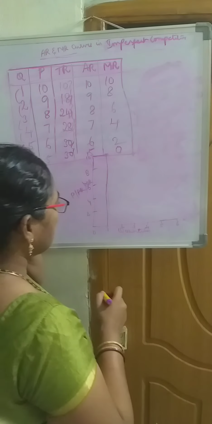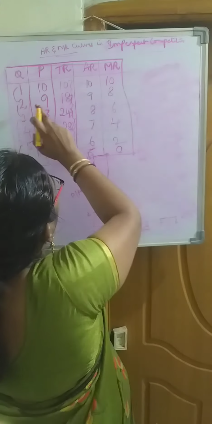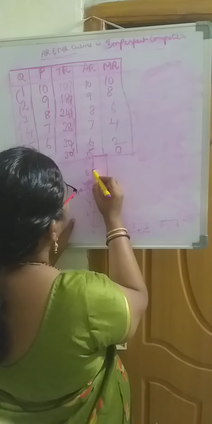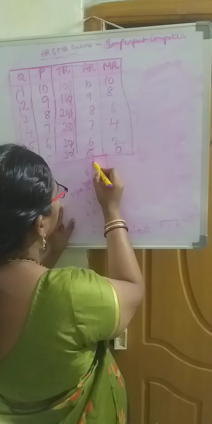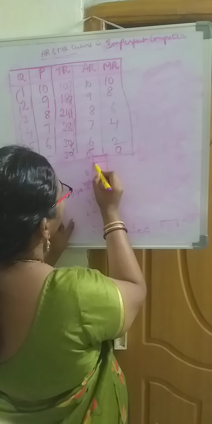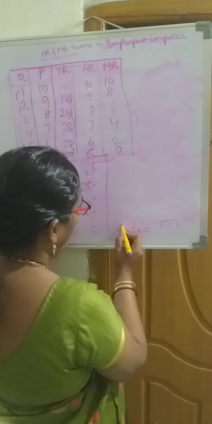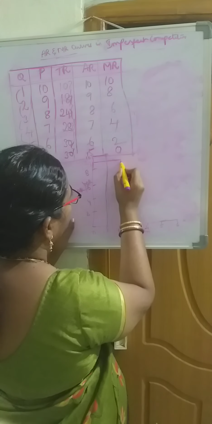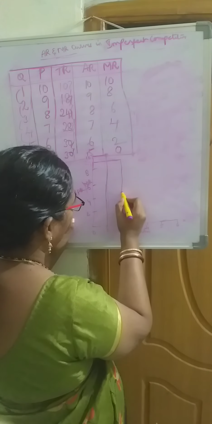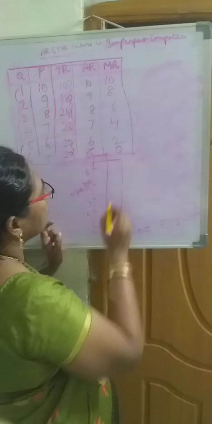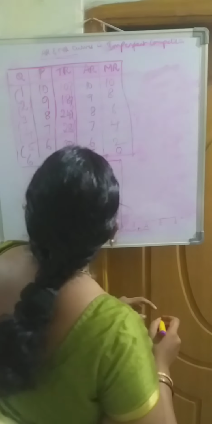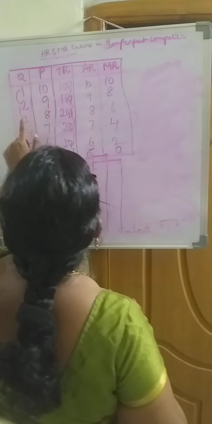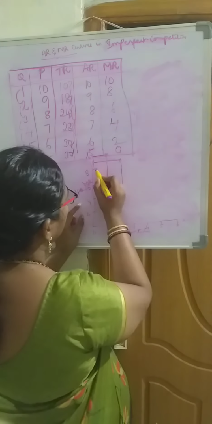Now coming to the second quantity, AR is 9. It is somewhere between 8 and 10. For quantity 3, AR is 8.